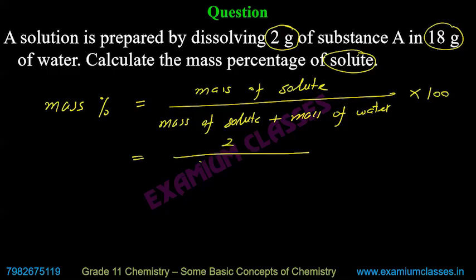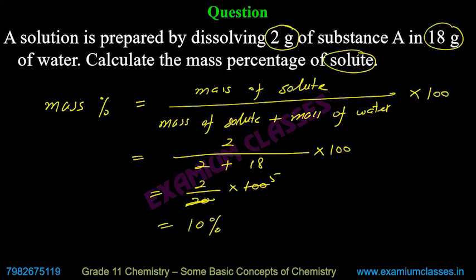That is 2 divided by 2 plus 18, into 100. 2 by 20 into 100, 25s are 5, 2s are 10%. Yes, it is 2 plus 18 in the denominator, that is 18 for water. Many students initially make this mistake, that they just consider water as the total, which is not correct. Okay, next one.